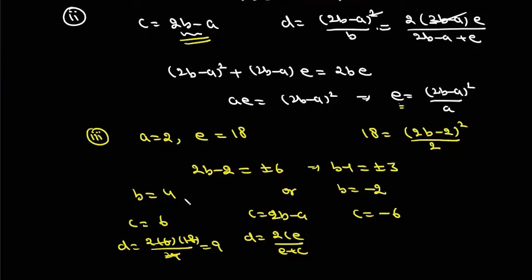So value of b, c and d can be 4, 6, 9. And here it will be, c is minus 6, e is 18, and then e plus c is 12. So it will be minus 18, or it will be minus 2, minus 6 and minus 18. And that is the answer to this question.